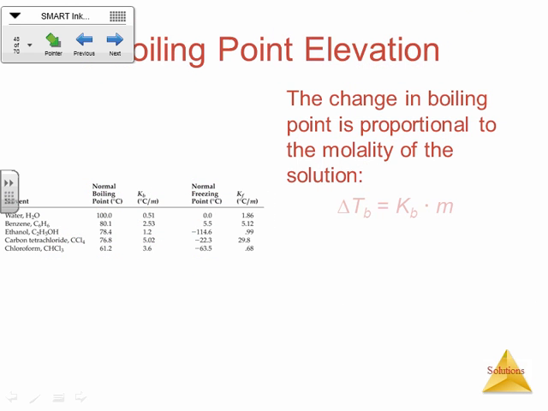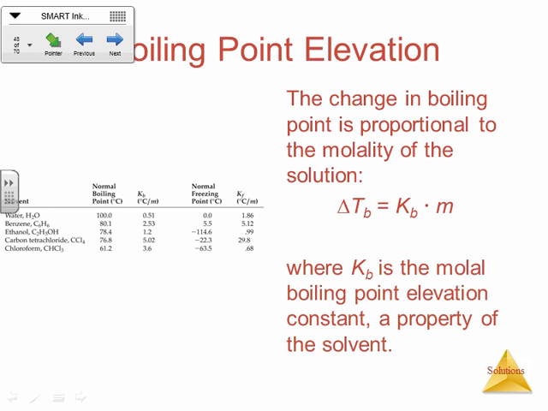All right, boiling point elevation. There's a formula for this. Let's see here. I believe all the formulas we're talking about today are on your equation sheet, with the exception of the osmotic pressure one. Let me double check myself and just make sure that I'm right on that.